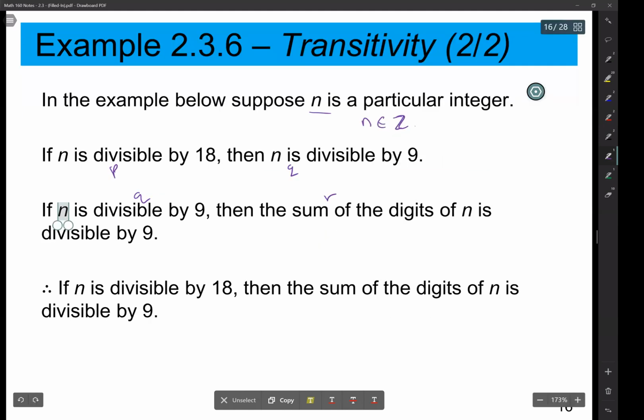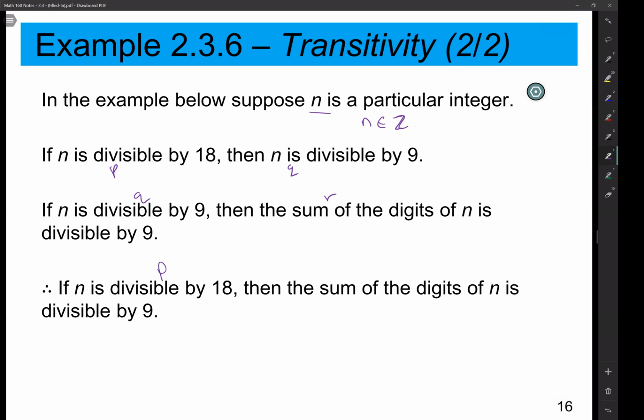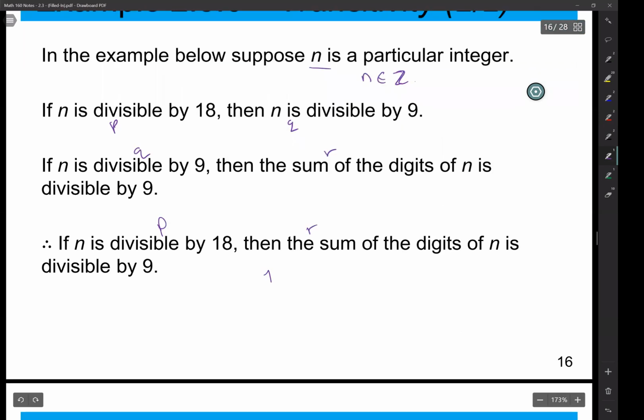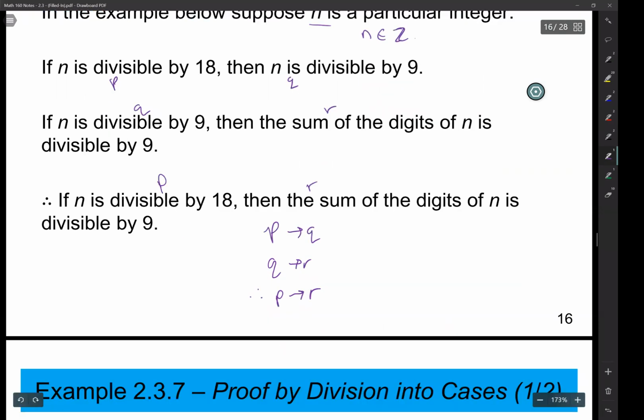Then the last thing must also be true. We can say if n is divisible by 18, then R, the sum of the digits is divisible by 9. So that's pretty cool. Again, this was saying P implies Q, Q implies R, then we can therefore conclude that P implies R. Okay, just transitive.